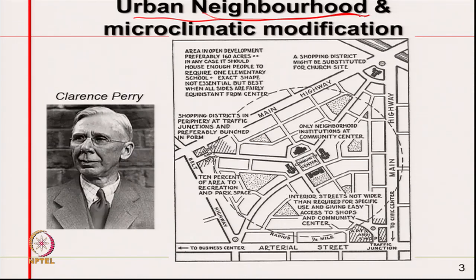And this was given by Clarence Perry in 1925 in the United States of America. The unit neighborhood is the smallest residential unit in urban planning, right. Now, the whole thing should be bounded by main arteries. So, this is a kind of a neighborhood.